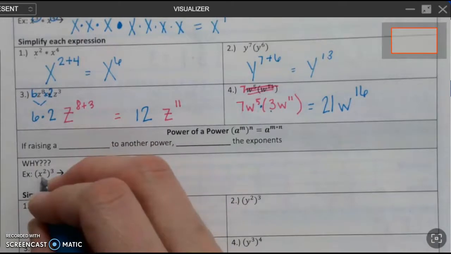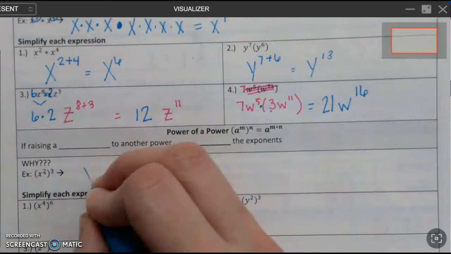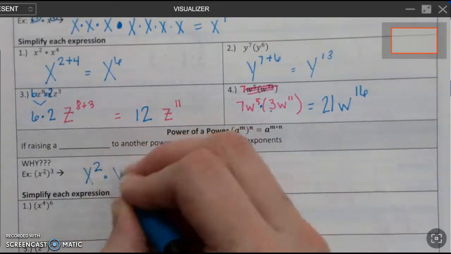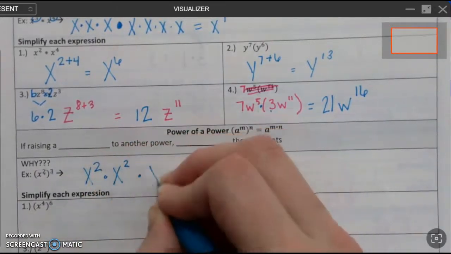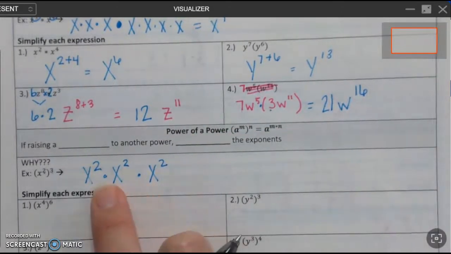This means I want to write x to the second 3 times. So x to the second, x to the second, x to the second. We just learned that when you multiply bases, you add their exponents.